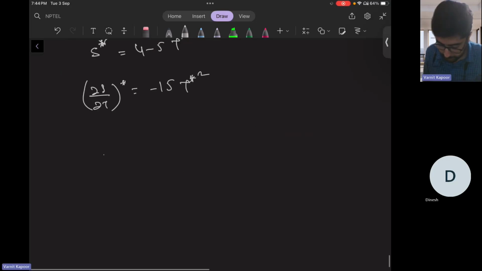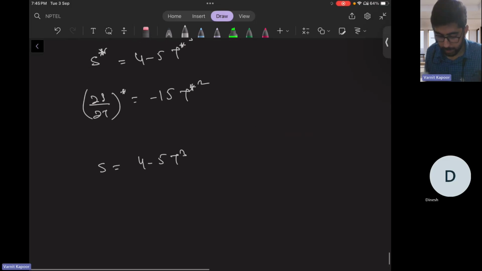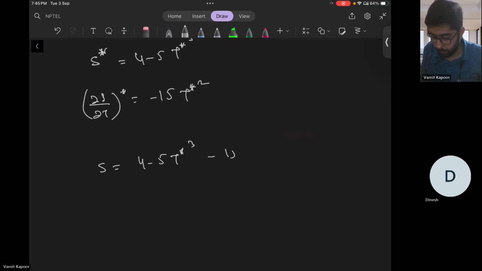So after linearization, S will be written as 4 minus 5 T star cube plus dS by dT into T minus T star, that is minus 15 T star square into T at P minus T at P star.